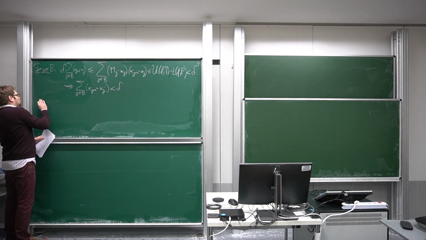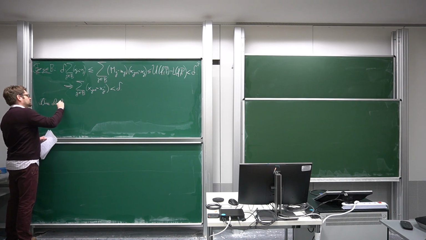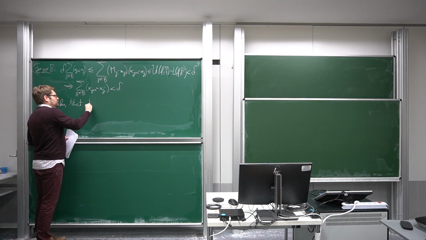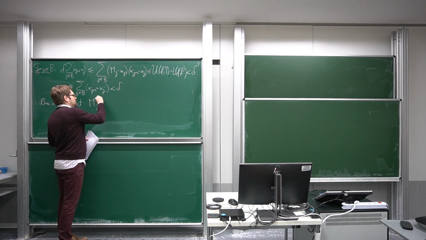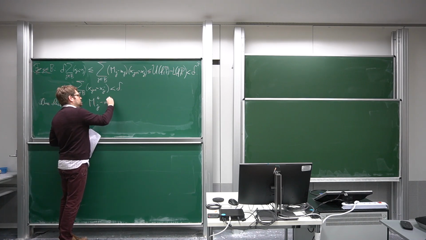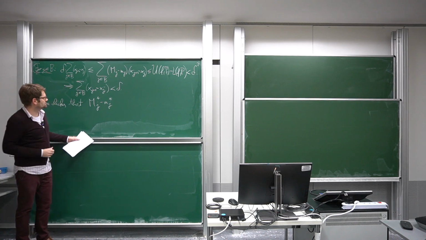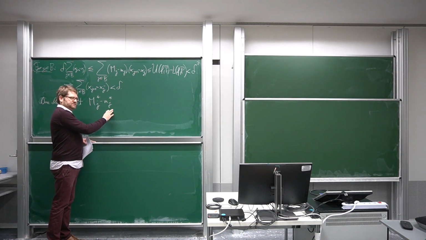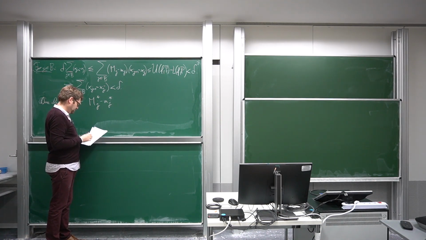Okay, now we need one more assumption which you have to believe me at this point. You can also check it in the lecture notes, that the difference capital Mj star minus small mj star, which appears in this difference, is a value of the composition minus some other value of the composition.